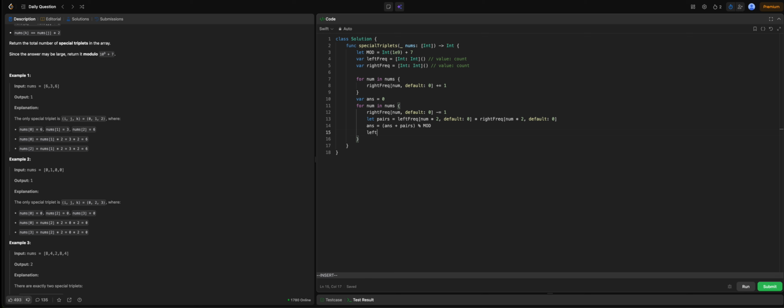After that, I will remove the value from the, not the remove, since we remove from the right, we need to put that back to the left. Let's call num, and then default will be 0 plus equal to 1. And then we just simply return the answer.